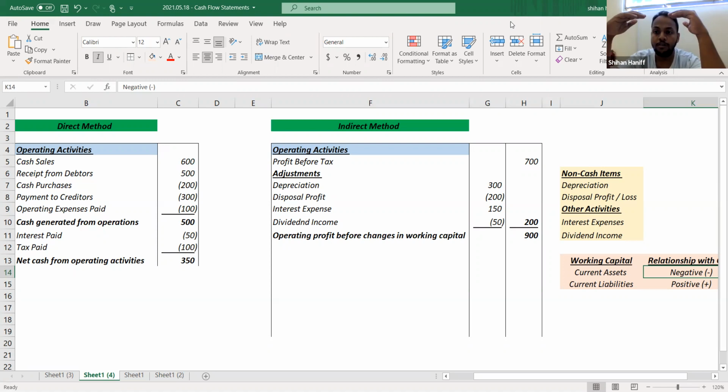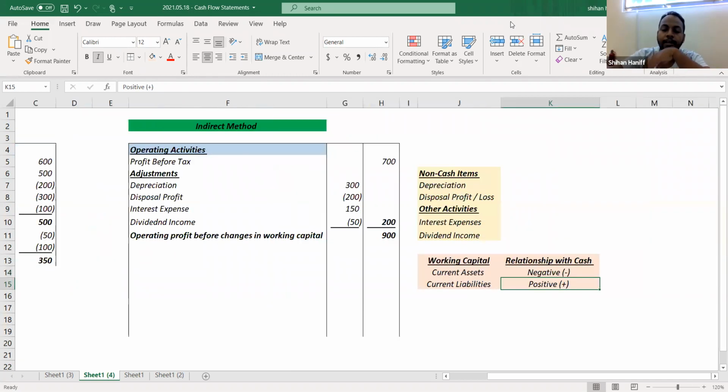Let's say stock. When the stock increases, what happened to the cash? Cash will decrease. Stock increases because you paid money. You gave cash, so cash minus, stock plus. That is why we say assets, there is a negative relationship. When the asset increases, cash decreases. Asset decreases means cash increases.